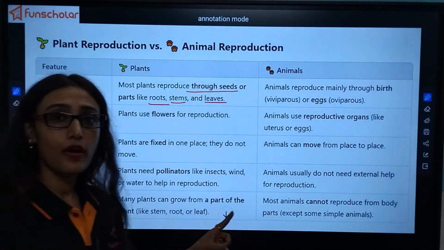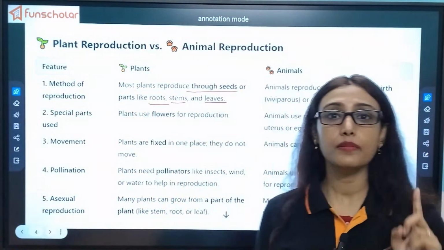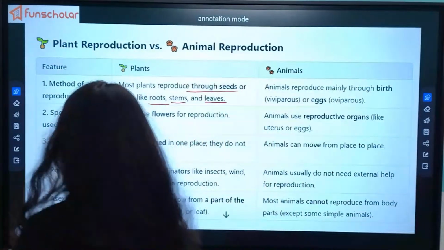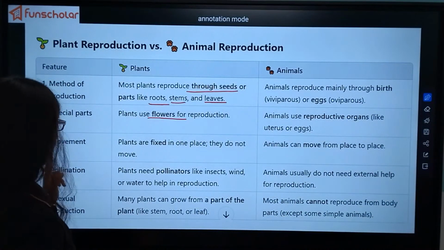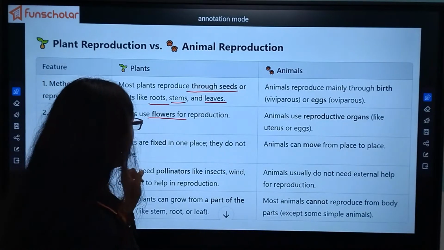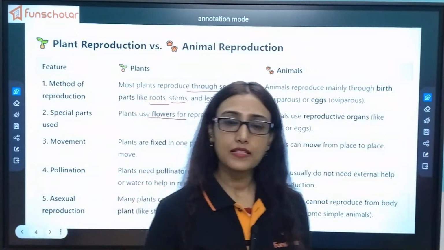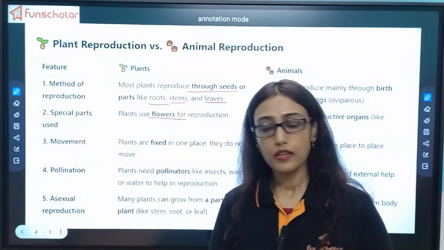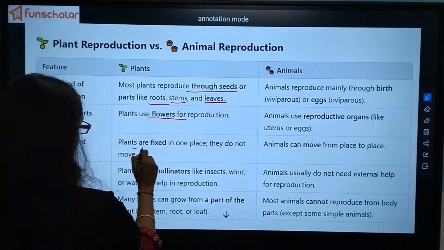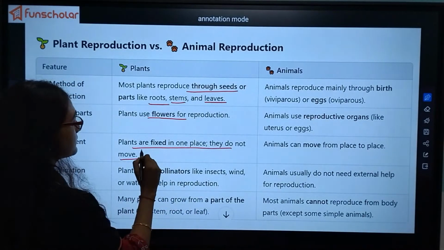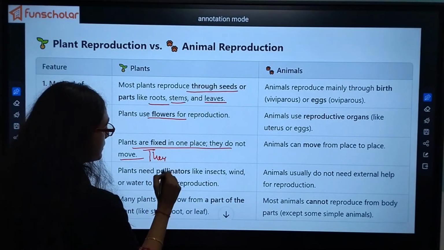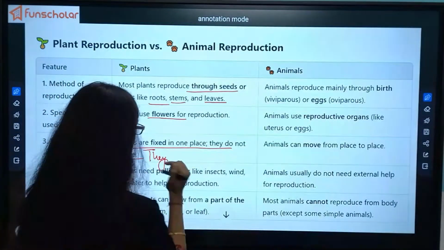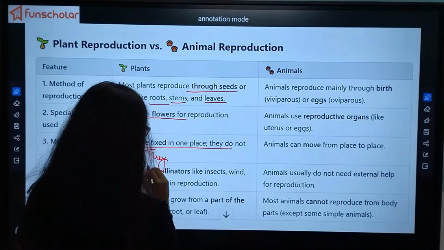Okay, just now I have told you which organ is the most important for plant reproduction. It is nothing but the flower. Now, you know plants are fixed at a particular place. They can't move. So, plants are fixed. That is why they need help of other organisms or insects or birds for reproduction.